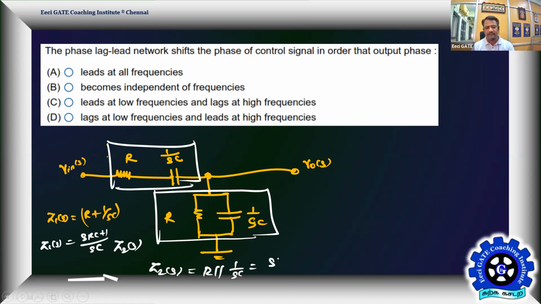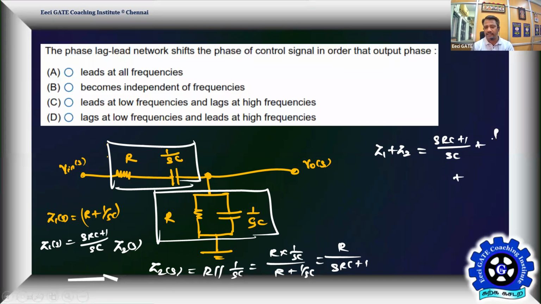As a result, you will end up with R into 1 by SC by R plus 1 by SC, which is R by SRC plus 1. Then Z1 plus Z2 of S is SRC plus 1 by SC plus R by SRC plus 1.